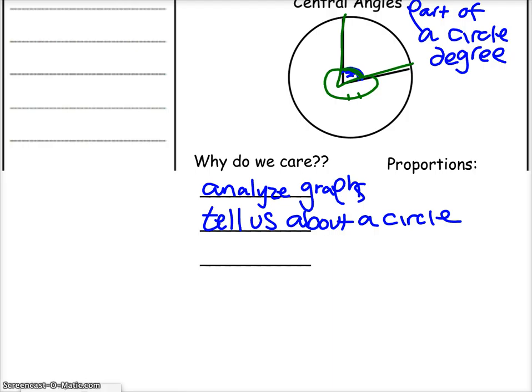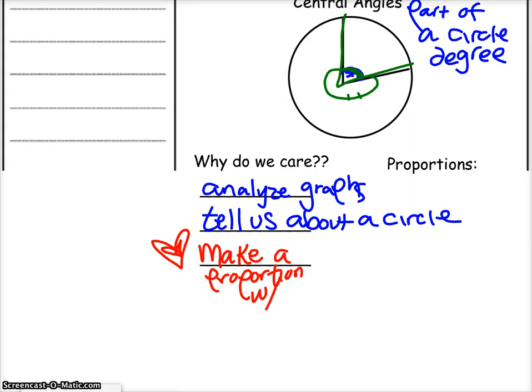And one of the most important reasons, so put a little heart or a star, is that they let us make a proportion with a circle. You can make a proportion with a circle because it's part of a circle.